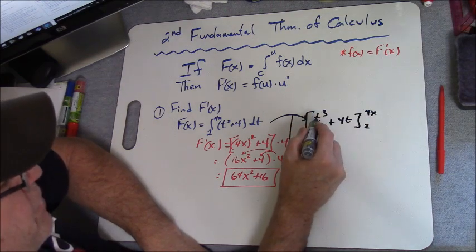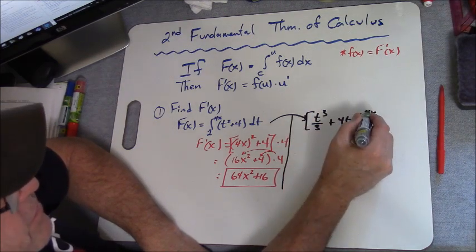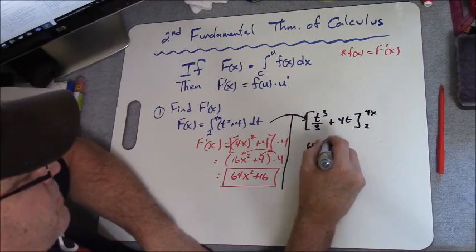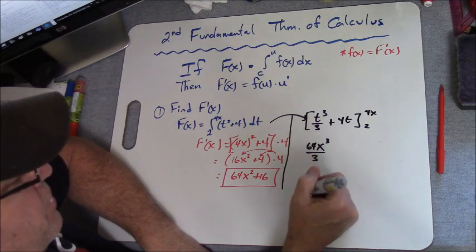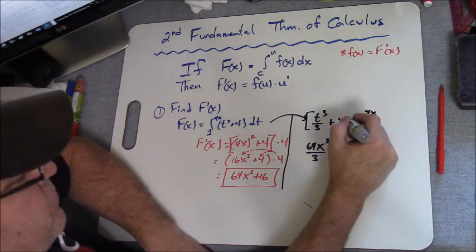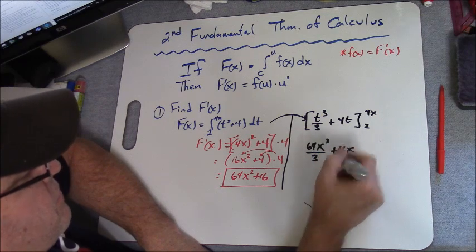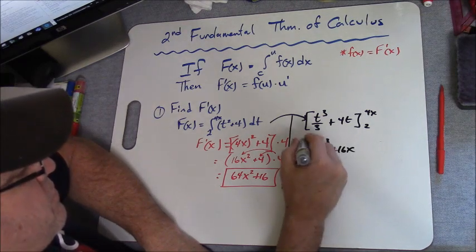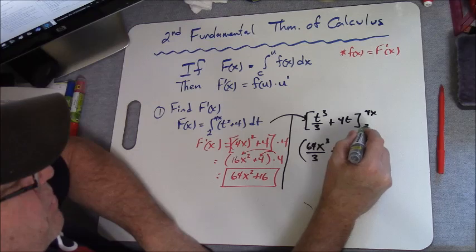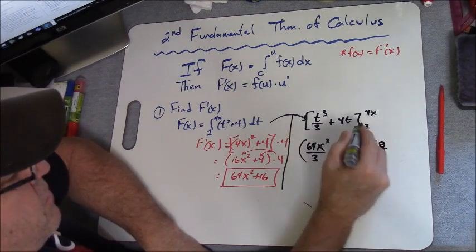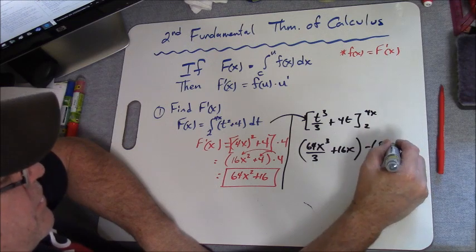If I do 4x cubed, I would have 4 times 4 times 4, which is 64x cubed over 3. Put in a 4x here, so 4 times 4x, that would be 16x. Minus what you get when you plug in a 2. So plug in a 2, you get 8/3. Plug in a 2 here, you get plus 8.